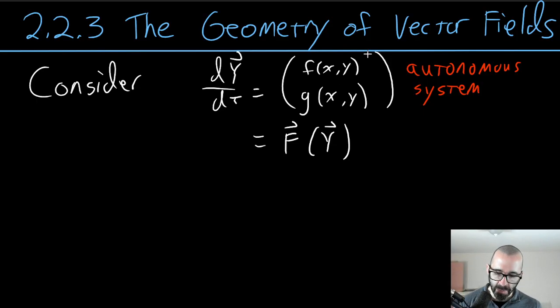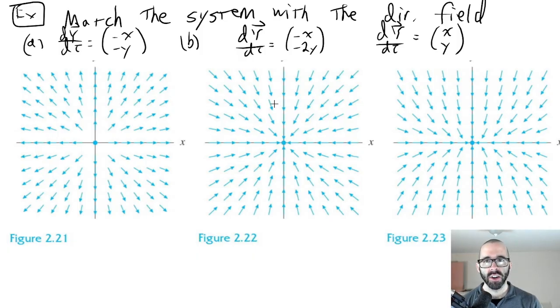Okay, so let's get some practice over here. I want you to match the system. I give you 3 systems of differential equations. I want you to match the system with the vector field that corresponds to this. Now there's a couple of ways of doing this. One is to just evaluate a few different vectors here and see, okay, which ones follow the behavior.